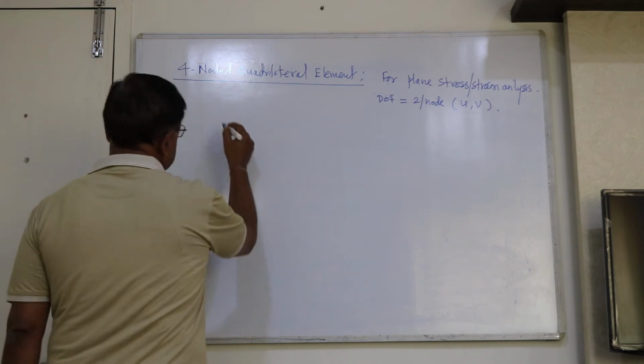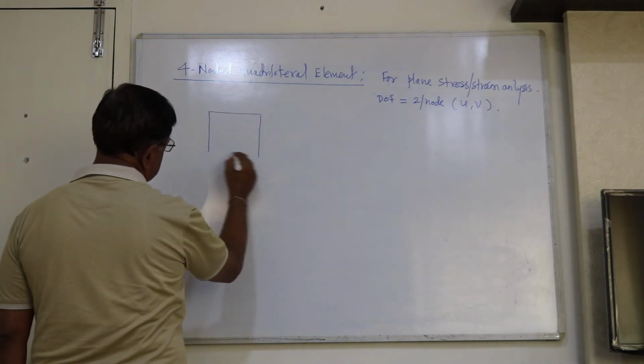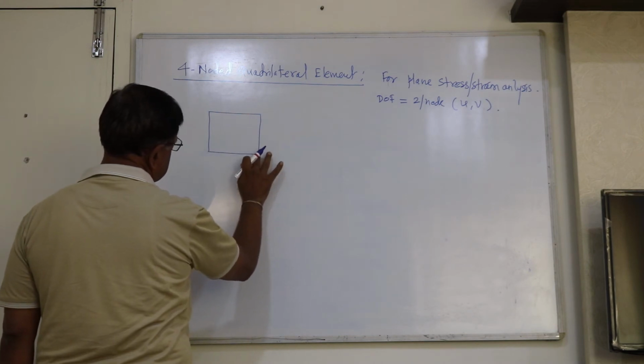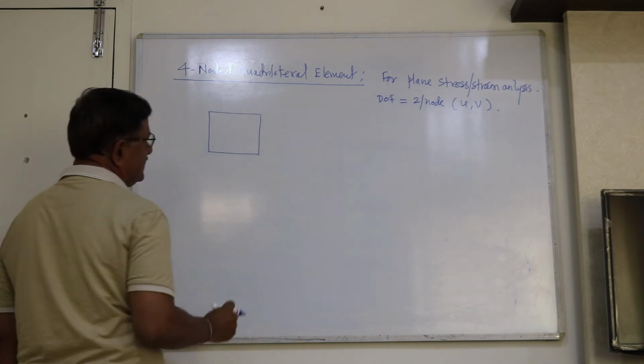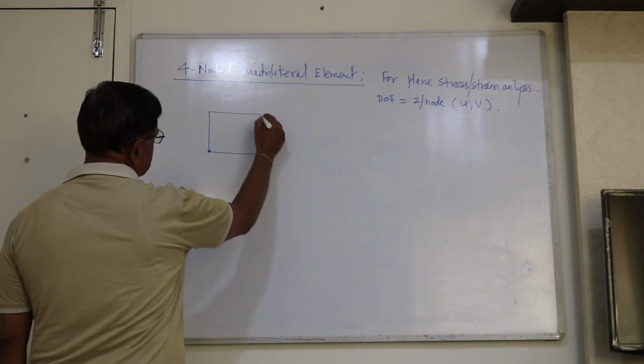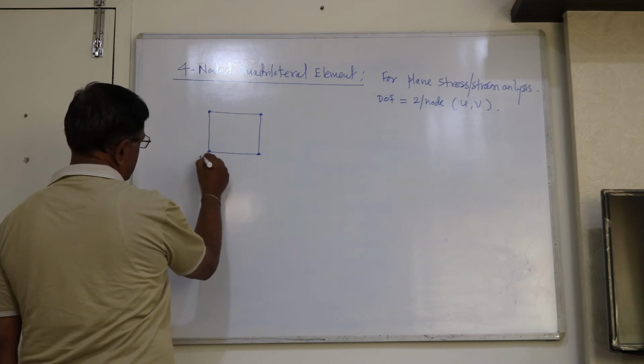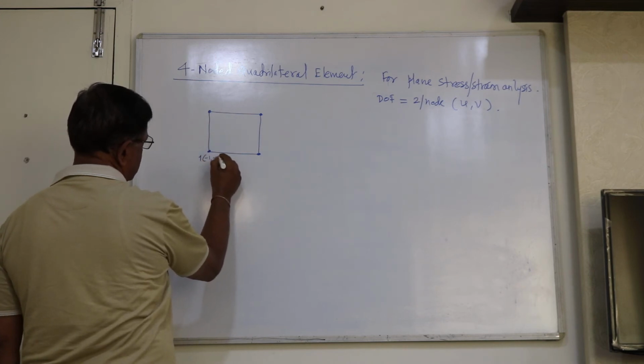So let's consider the 4-noded quadrilateral element. Whatever the shape of the element, mathematically the element will be a square element. Say nodes 1, 2 and 3. So this is node 1, coordinates -1, -1.